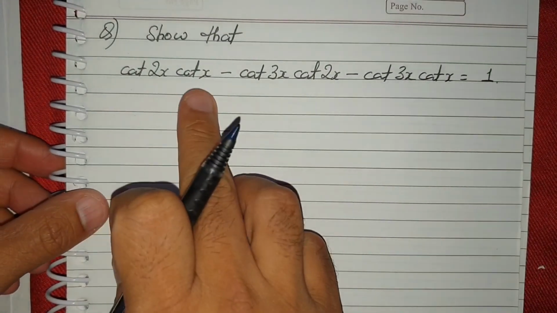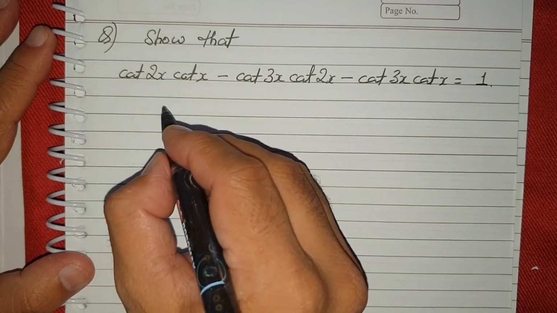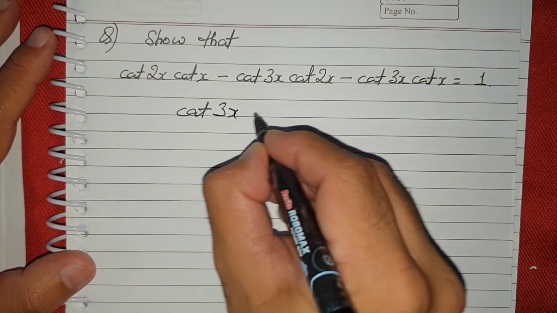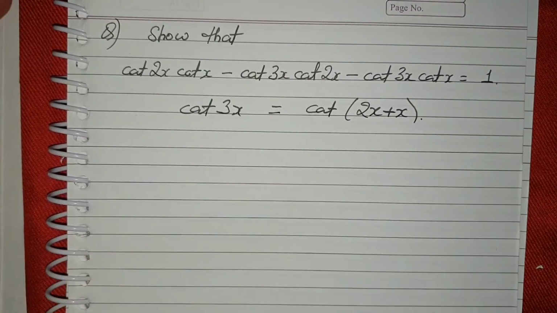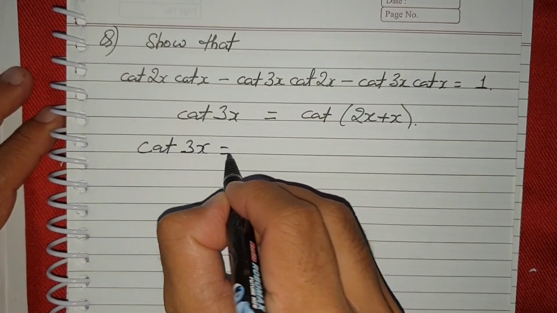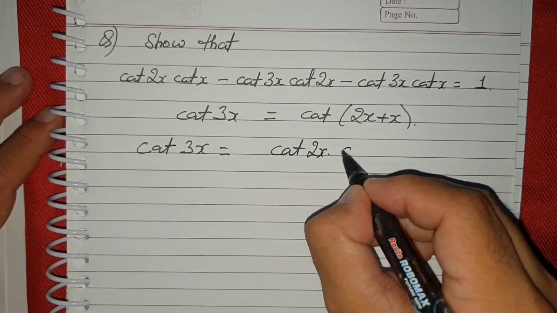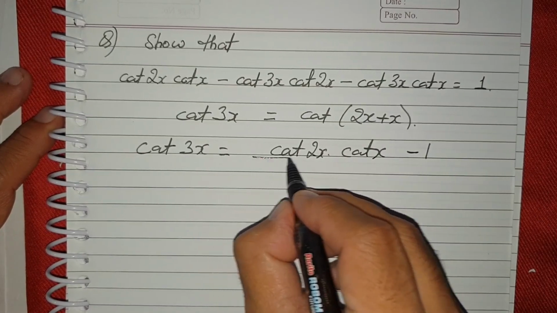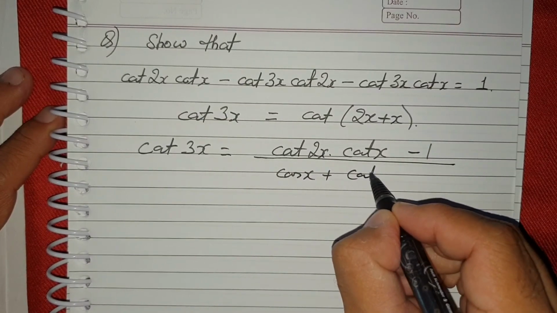Now, next example. Cot 2x cot x minus cot 3x cot 2x minus cot 3x cot x equals 1. As you see, there are many terms. But simply what we can do is that we know that cot 3x can be written as cot(2x+x). Now apply the formula of cot(A+B), which is cot A cot B minus 1 upon cot B plus cot A. So cot 3x equals cot 2x cot x minus 1 upon cot x plus cot 2x.